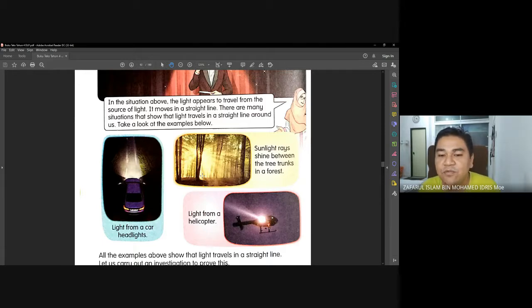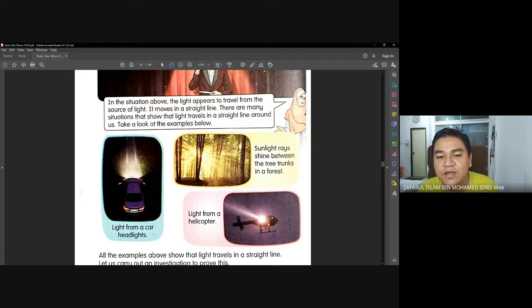Sebab kedudukan bumi berada di antara the sun and the moon. So the shadow of the earth, bayang-bayang bumi tu, melindungi bulan, terkena pada bulan macam kita buat tadi. Okey, macam saya kata kita letak torchlight di depan, so dia punya bayang-bayang akan nampak kat dinding, betul tak?